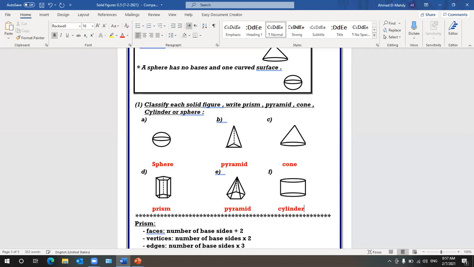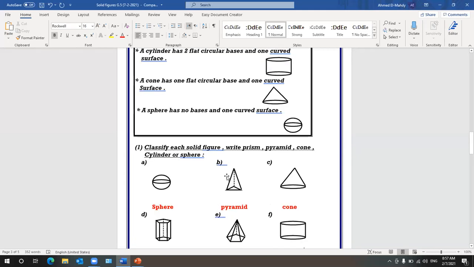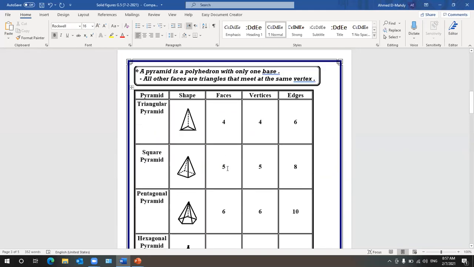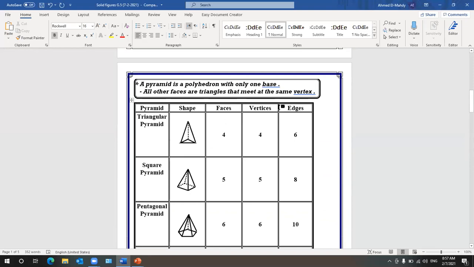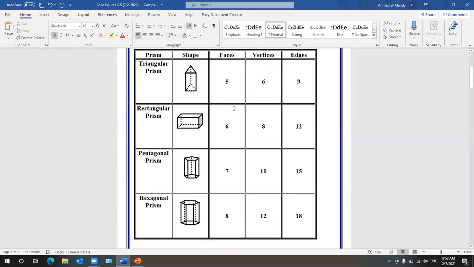Cylinder. Now we have a question. It asks you about how many faces, how many vertices, and how many edges in each solid. In a triangular pyramid, in a square pyramid, also in a prism.